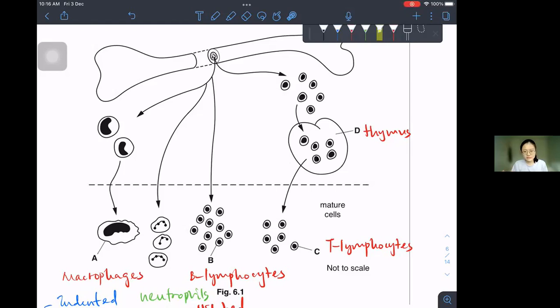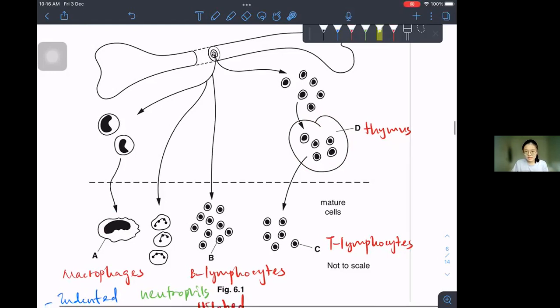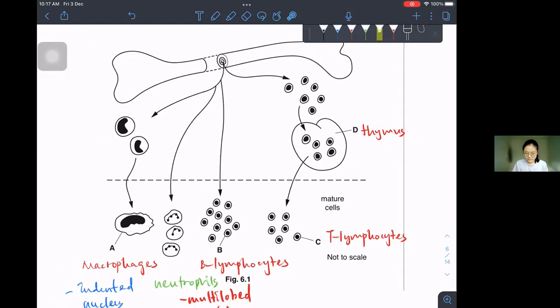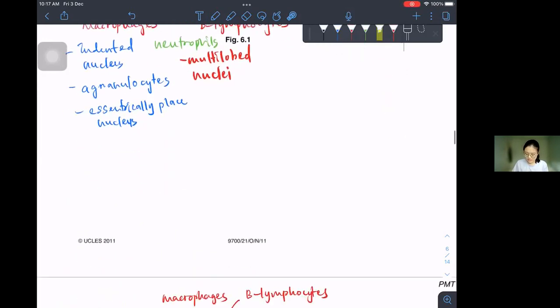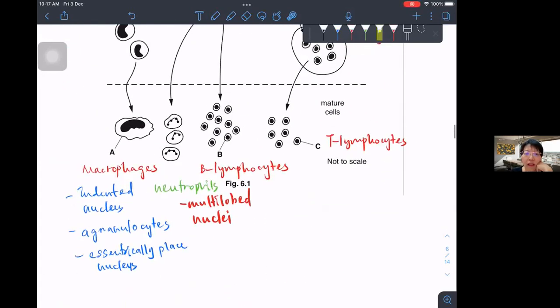However, the T lymphocyte will pass through an organ called thymus, and in the thymus, the T lymphocytes will mature there and only then be released into our blood. So it's actually T lymphocytes. Okay, so can I add a little bit here, Sian?